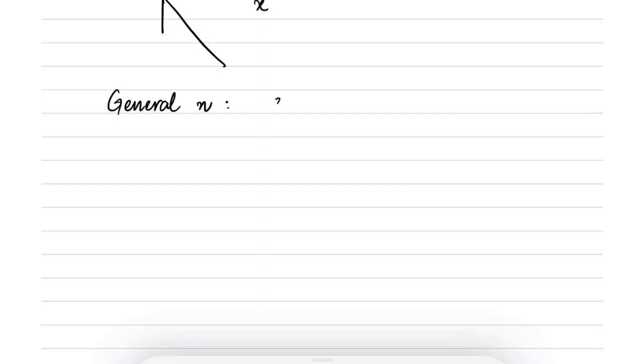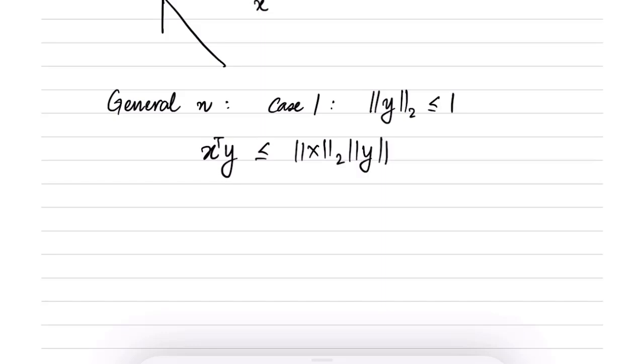So in the general case, again we have two cases, one in which norm of y is less than or equal to 1. If norm of y is less than or equal to 1, remember that we had the inequality x transpose y less than or equal to norm of x, norm of y. This is the Cauchy-Schwarz inequality, and we can subtract norm of x from both sides.